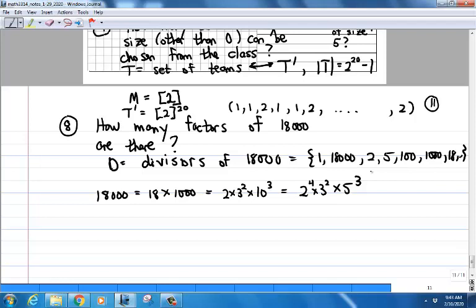It can't be any more than 5 cubed. What's the biggest power of 3 that can divide into that? 9. And what's the biggest power of 2 that can divide into that? Now, what's 2 to the 4th power? 16, right? Yeah, 16.